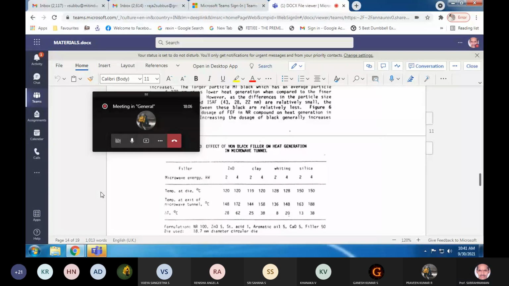But handling NR, as we do the repeated mixing, NR undergoes uncontrollable reduction in the molecular weight, and that makes the compound difficult to handle.